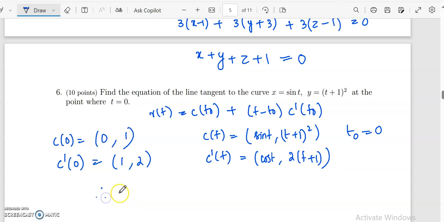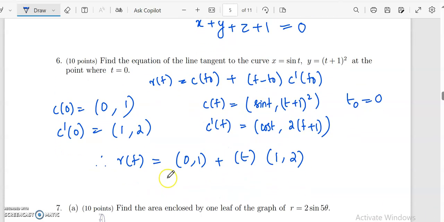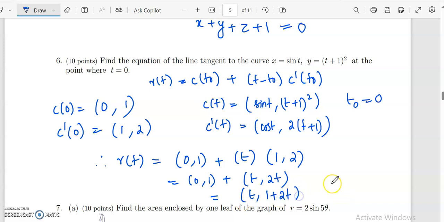So therefore the equation of the tangent line will be r of t equal to (0, 1) plus (t minus 0) into c dash of 0, which is (1, 2). So that will be (0, 1) plus (t, 2t), which equals (t, 1 plus 2t). So that will be the equation of the tangent line.